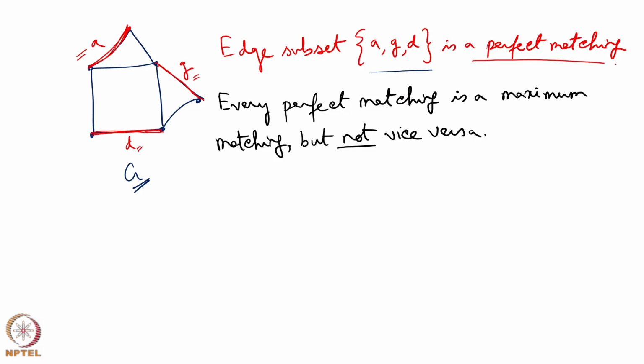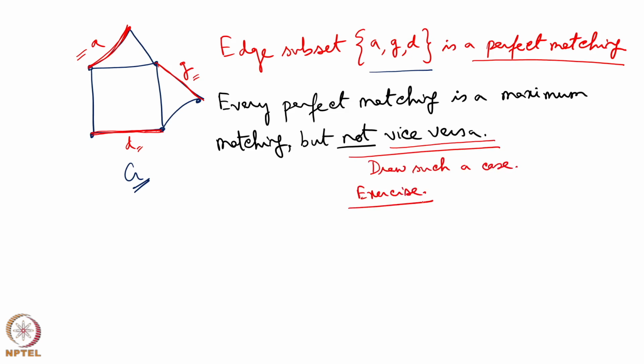This constitutes a perfect matching. You cannot bring any other edge which is not connecting these points or nodes. Every perfect matching is a maximum matching, but not vice versa. So, draw such a case as your exercise.